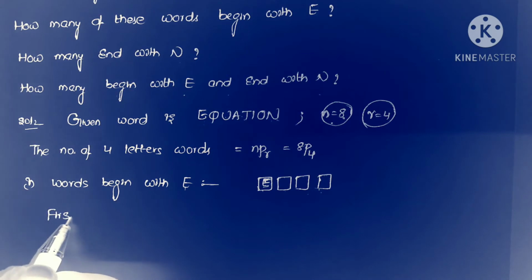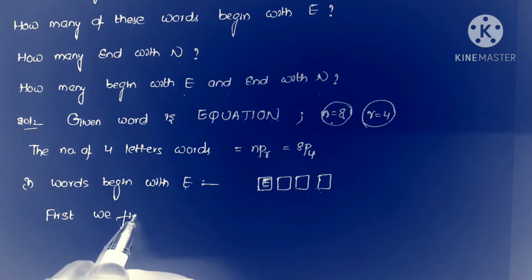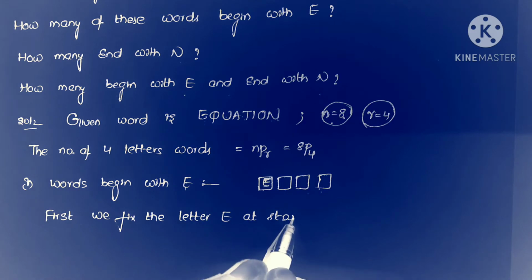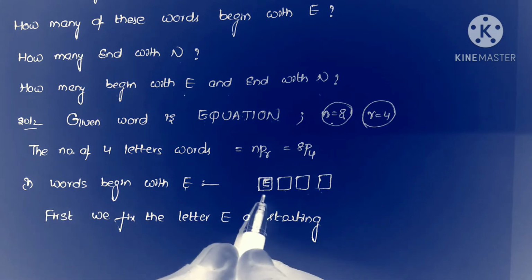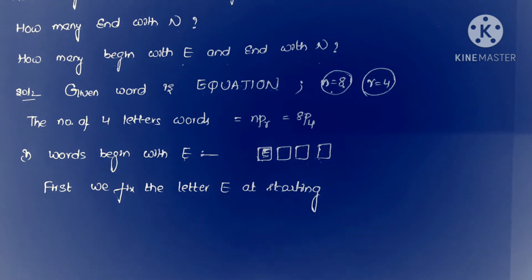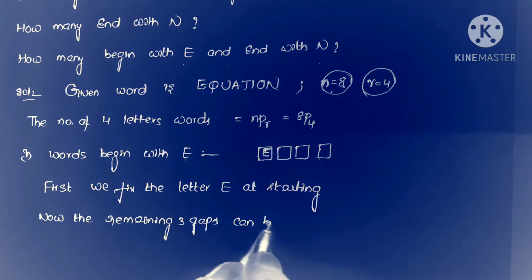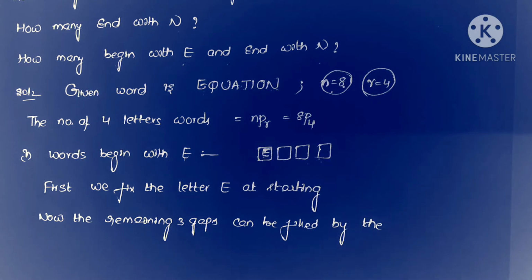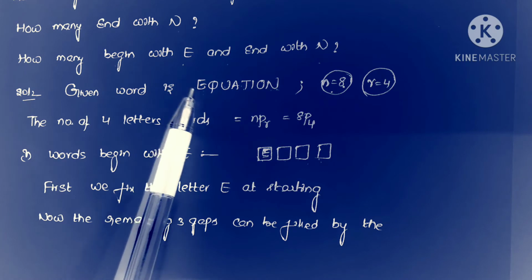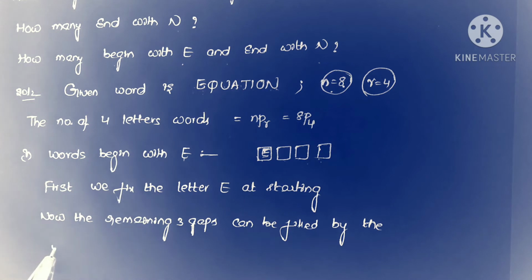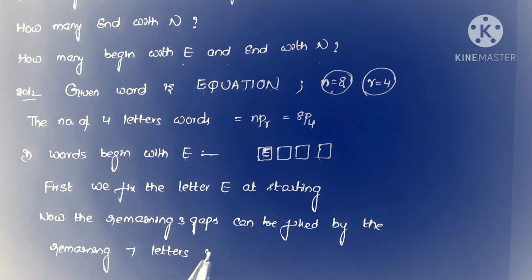First we fix the letter E at the starting, since we want the words which start with the letter E. Now the remaining 3 gaps can be filled by the remaining 7 letters, since we already used the letter E, in 7P3 ways.